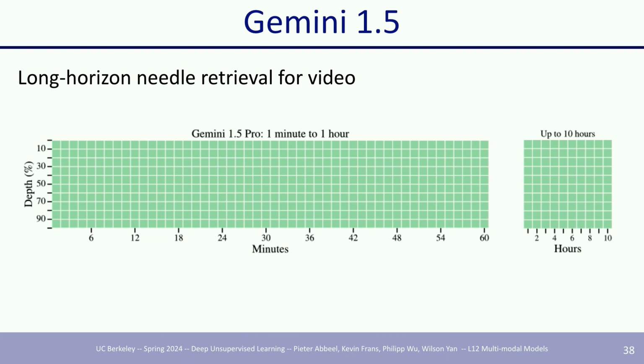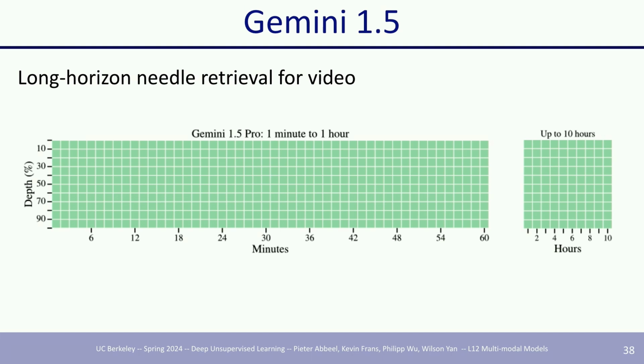They did a similar thing for video. I think the way they constructed this one was you have a 6 minute or 1 hour video, and then in a subset of the frames in a very narrow range, randomly in the video, they inserted an overlay caption saying the magic number is whatever, at different depths.